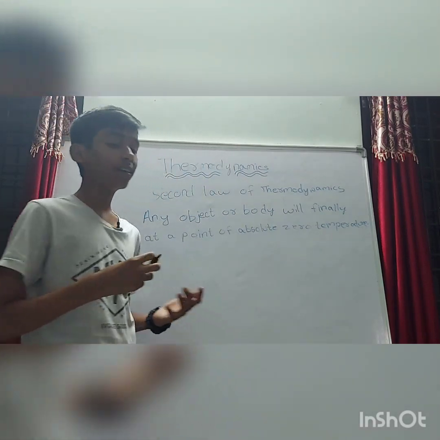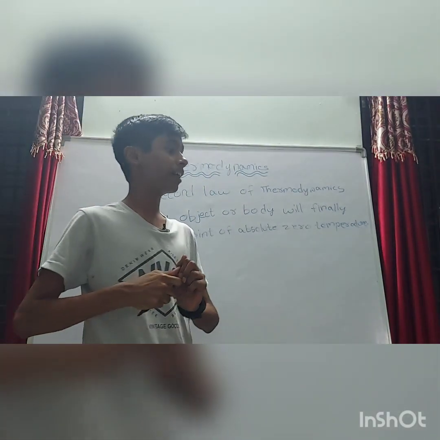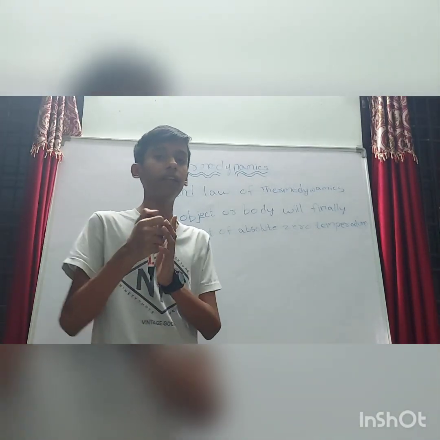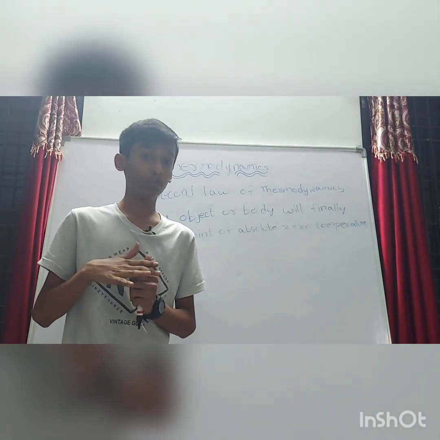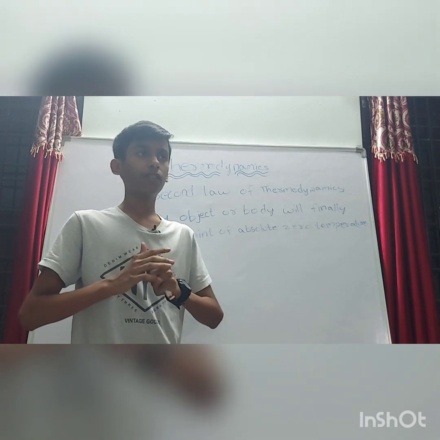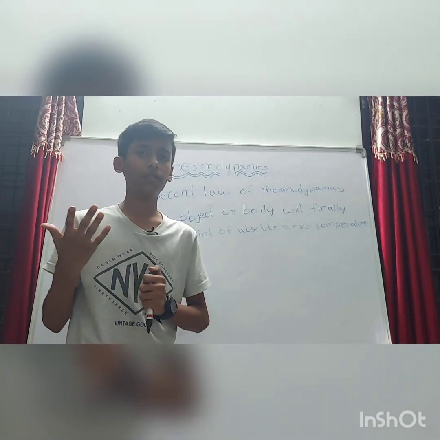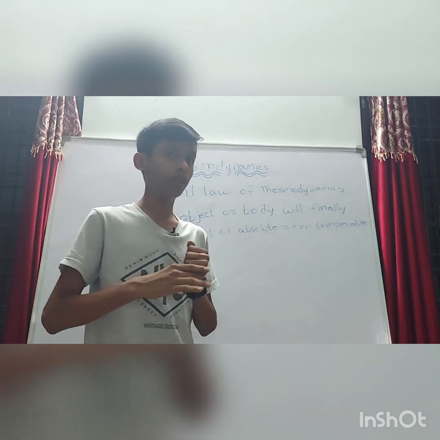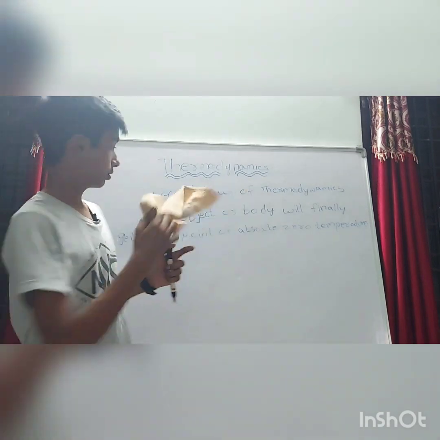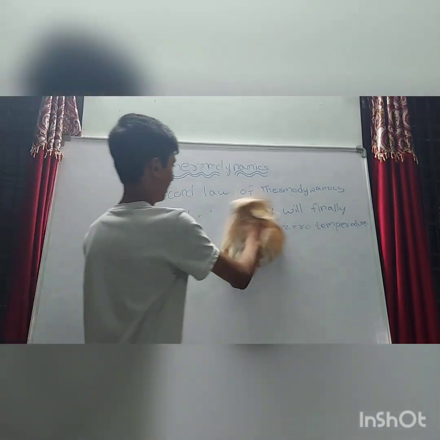This is stated in the second law of thermodynamics, that any body will finally reach the same temperature. There is no body at a high degree Celsius or at a low degree Celsius.